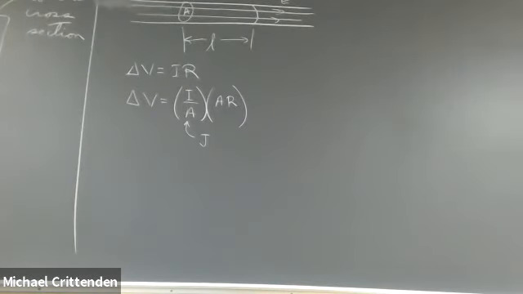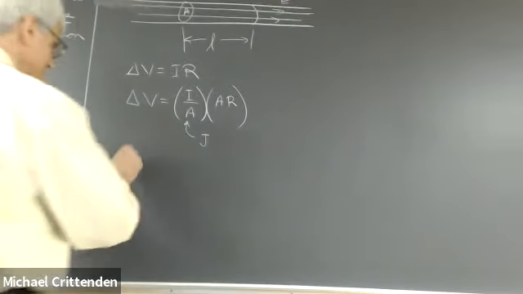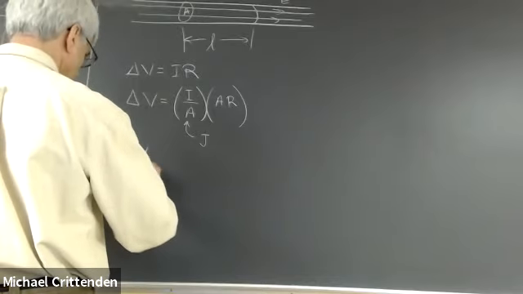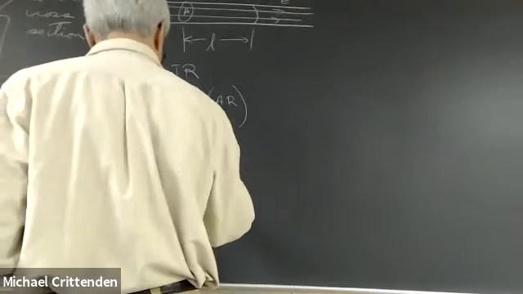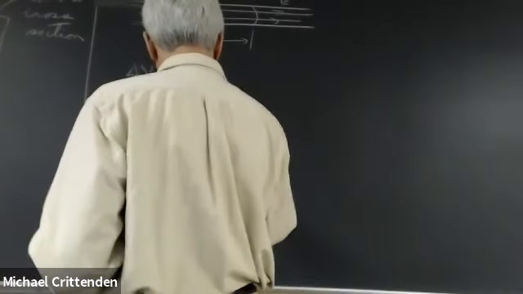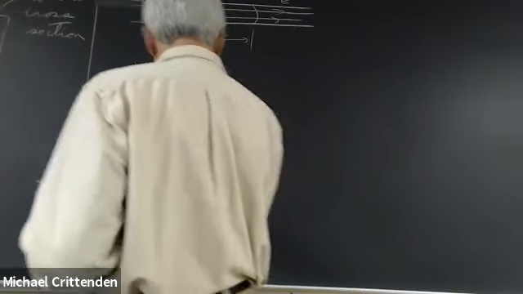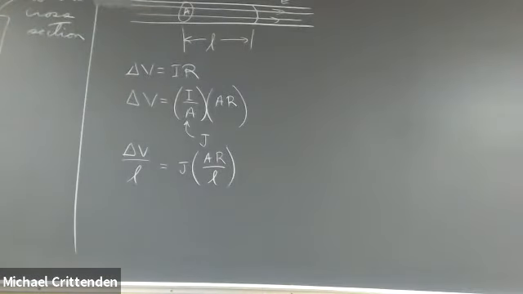Current per unit area is the current density, J. And then I'm also going to divide both sides by the length of that section of the wire. To the left of the equal sign, volts divided by meters equals volts per meter. That's the electric field, E.